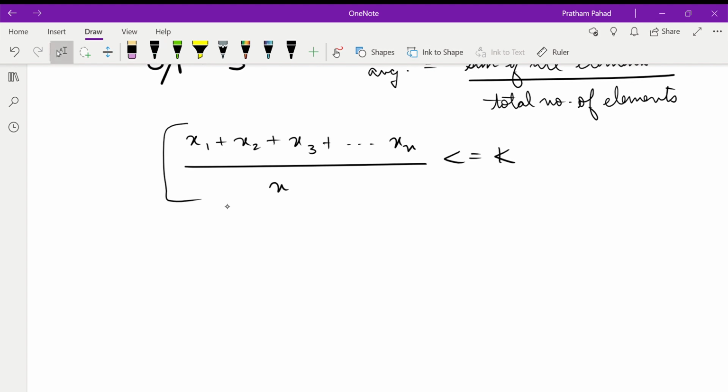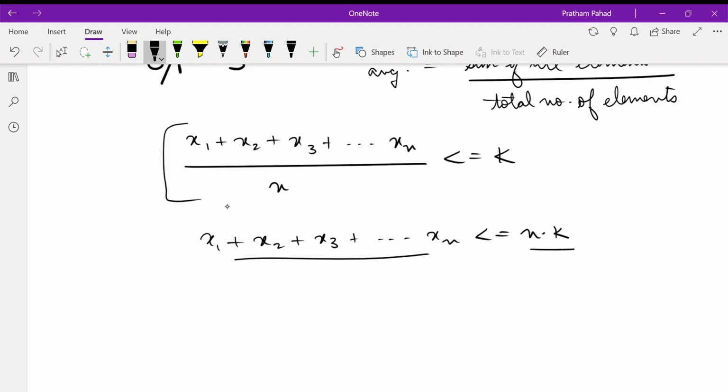Now let's make the equation: x1 plus x2 plus x3 up to xn should be less than equals to nk. Basic algebra, right? Now let's try to do something on LHS and RHS as well. Like subtract nk from both sides.